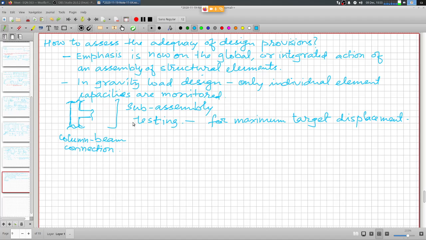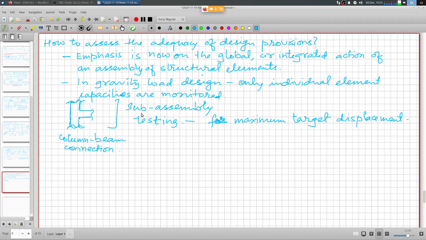We presume that by following that we will get the required ductility, which will provide adequate ductility in the system to see us through the earthquake. But that confidence actually comes from experimental evaluation.